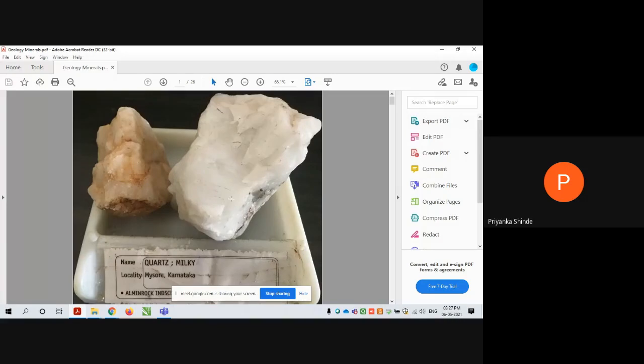What is streak? Can anyone tell? How do we find out streak? Color of mineral powder. Yes, the color of the mineral powder. And how do we find out? By rubbing on? Porcelain plate.